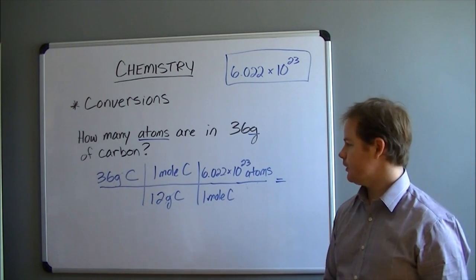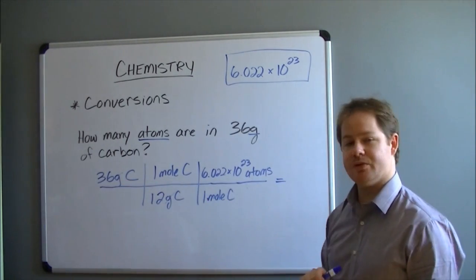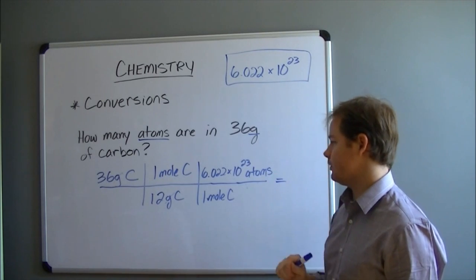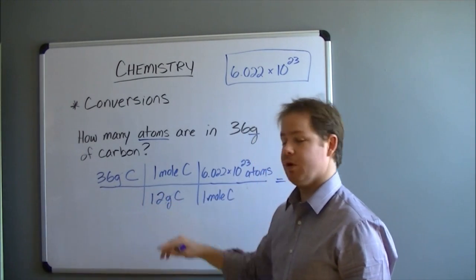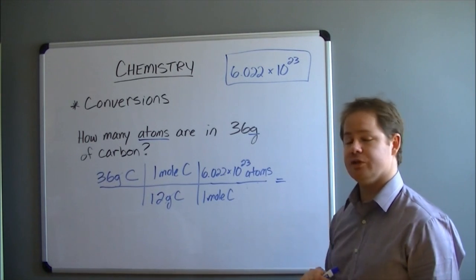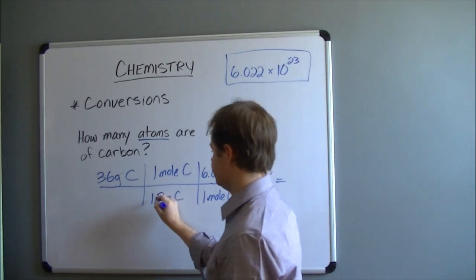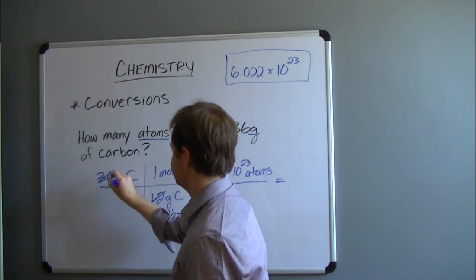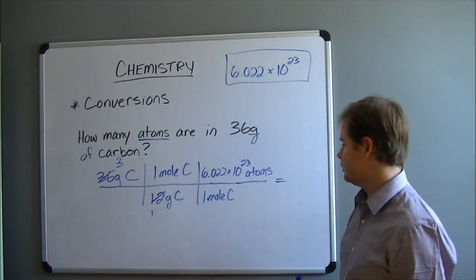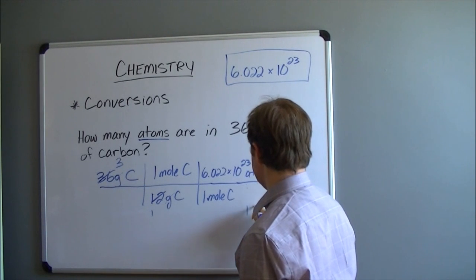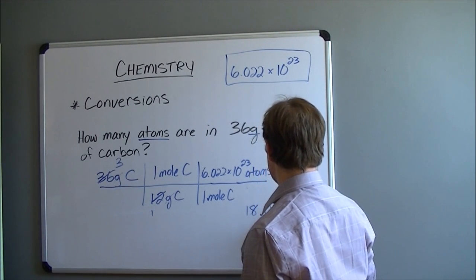So to calculate our answer here, we could multiply 36 times 6.022 times 10 to the 23rd atoms, or we could divide 36 by 12 first to make our calculation a little bit easier. And that's what I'm going to go ahead and do here to reduce. So 12 goes into 36 3 times. 3 times 6.022 comes out to be 18.066 times 10 to the 23rd.